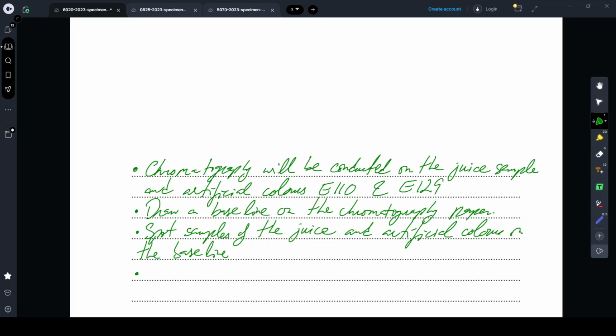Right, and then place the paper into a suitable solvent, and the placement should be below the baseline.